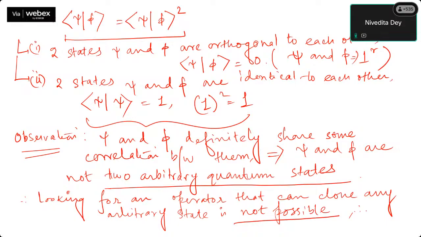Therefore, the quantum no-cloning theorem is true, or say quantum cloning does not exist. So quantum supports the no-cloning theorem.